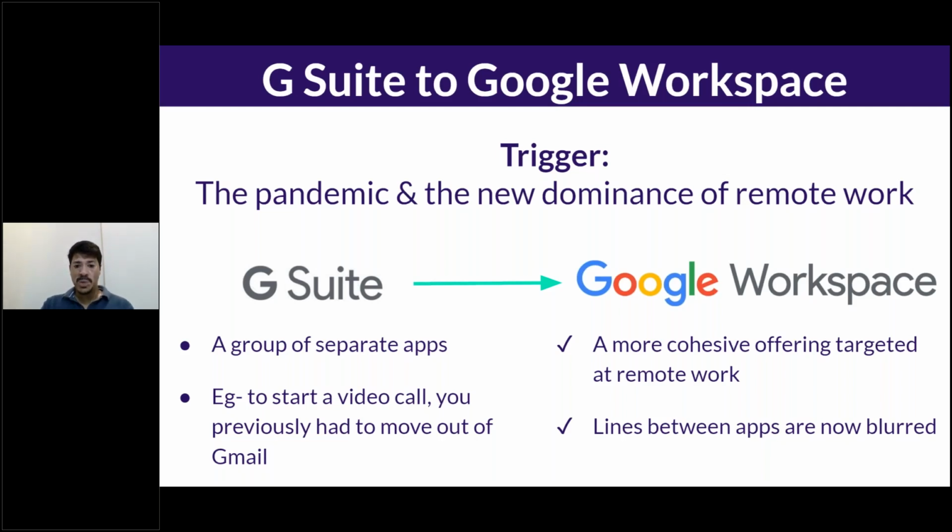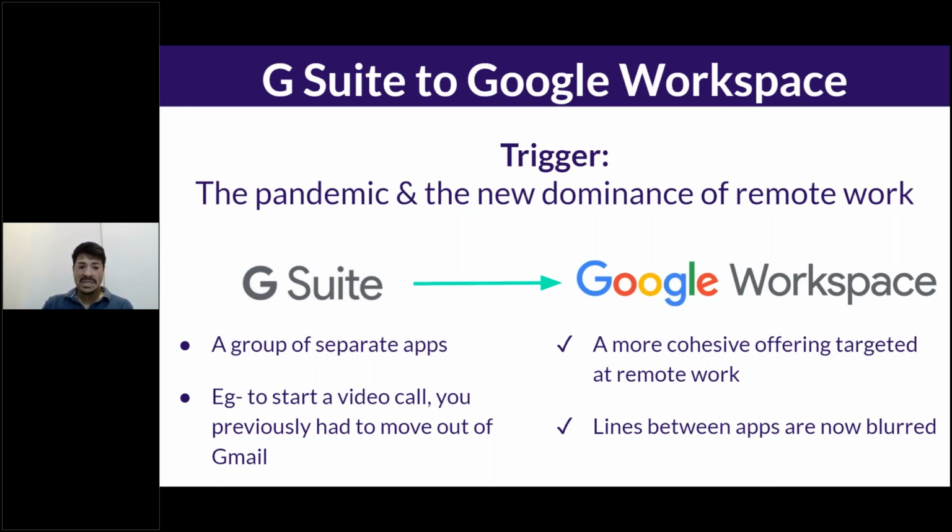G Suite previously focused on a group of separate apps coming together to play a single role. But with the Google Workspace rebranding, they're calling it one cohesive experience, targeted at remote work.